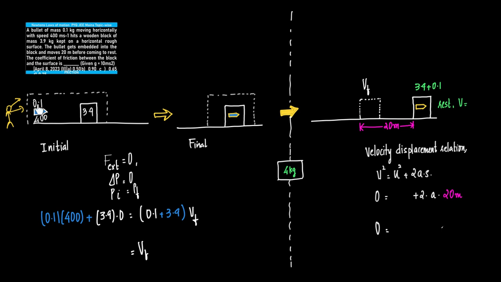Step 1, 0.1 kilogram bullet with 400 meter per second is embedding into 3.9, and here I will consider the system to be bullet and the block. So what is the system here? The bullet and the block. So this dotted line represents the system.